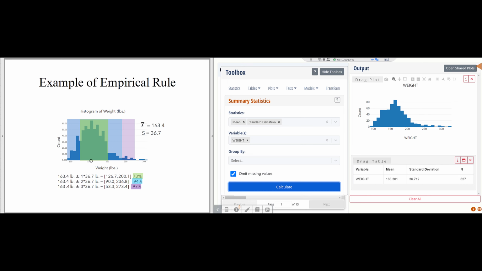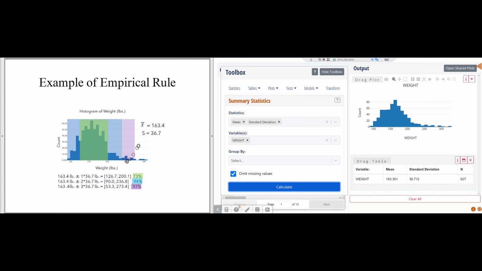That means that the mean is around 163. And if we add 1 standard deviation or subtract 1 standard deviation around the mean, that should be approximately 2/3 of the values. And it turns out that it is approximately 2/3 of the values. In our case, it's 73%. 2 standard deviations ought to be approximately 95%. And in our case, it turns out to be 94%.